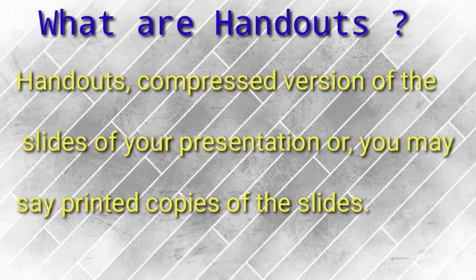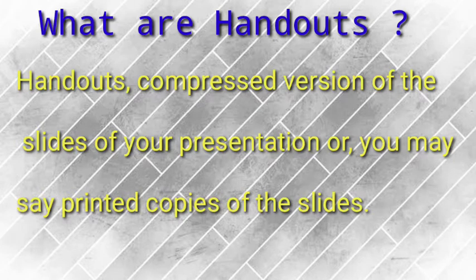The space is provided in the handout so that they can keep on noting something, and whatever information you are giving in the slide can also be mentioned in the handout, so that the audience is not required to note everything every time. They can note only important points.